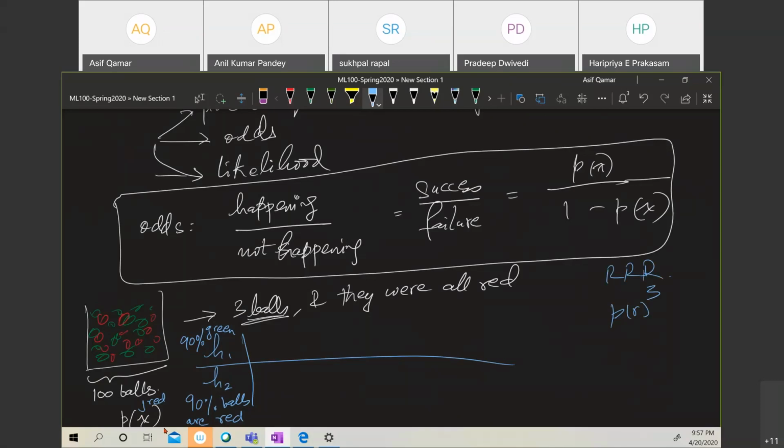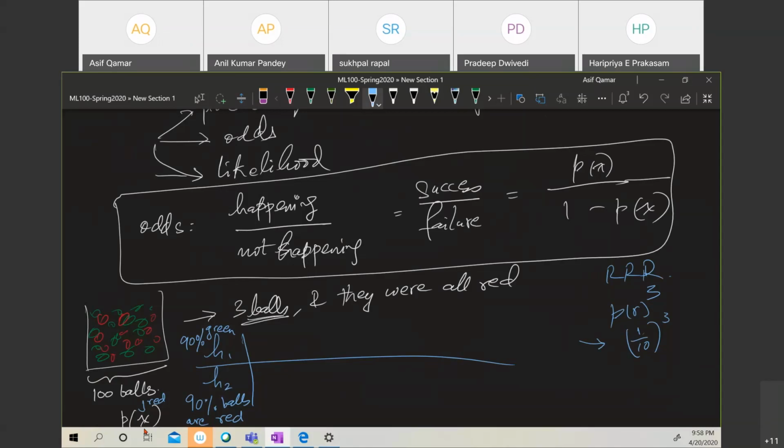Now, if you substitute the value you believe in the first hypothesis, 90% green means 10% red, so 1/10 is the probability of red, cubed. This is your likelihood. Given the hypothesis, given a value of 1/10, what is the probability of getting your three balls all red? That is a likelihood.